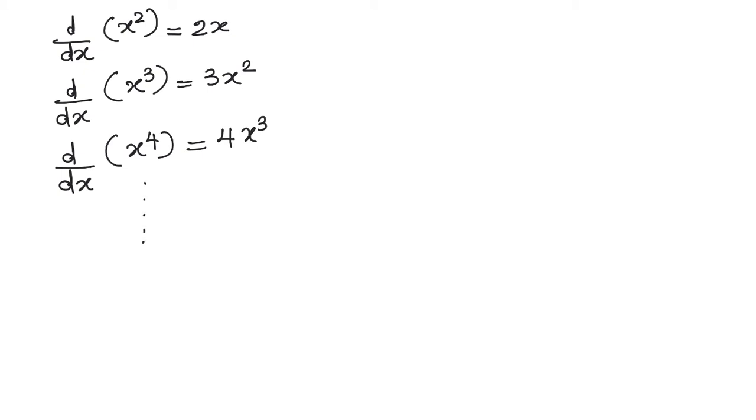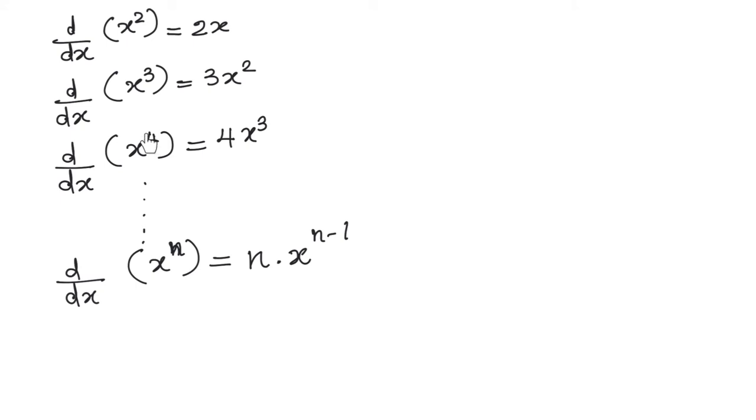Did you see any pattern in this? Can you predict the derivative of x power n with respect to x, where n is a constant? This will be n times x power n minus 1.